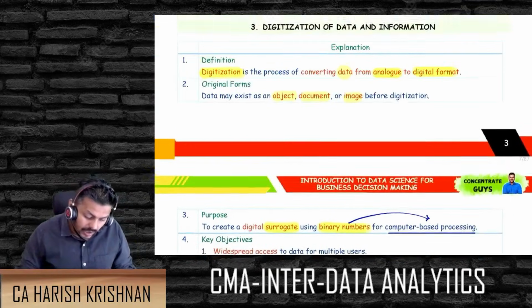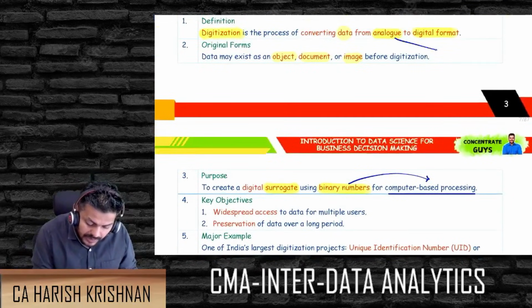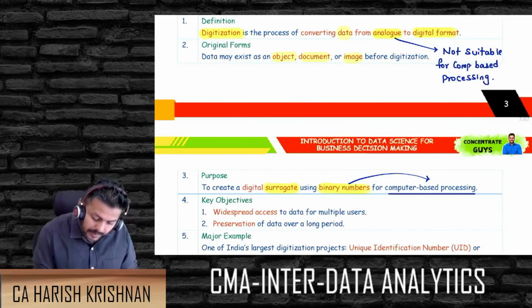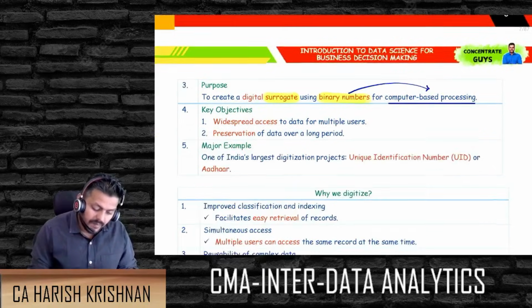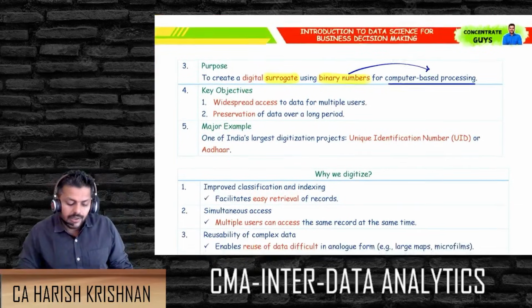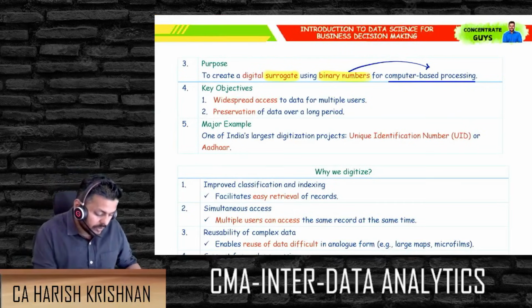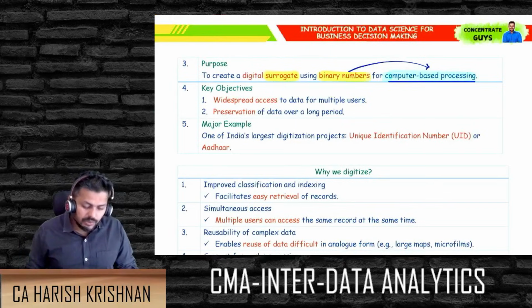Analog is not suitable for computer based processing, but that is why we are converting it into binary, so that it can be used for computer based processing.